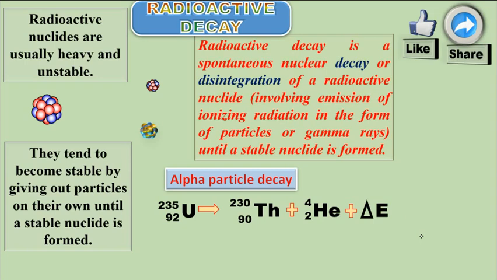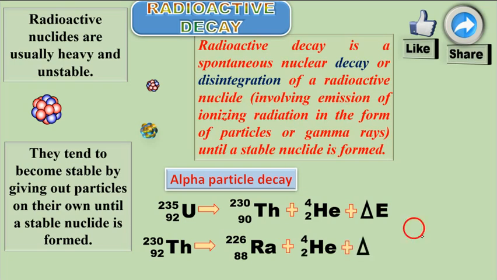So now, we're going to look at an example of that. Now look at the same element again. What happened again? It undergoes another radioactive decay, producing a new element. And this new element also emits an alpha particle, and energy is also released.